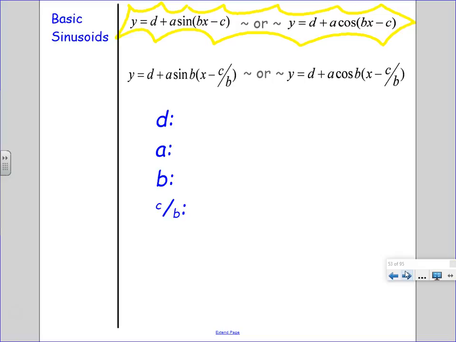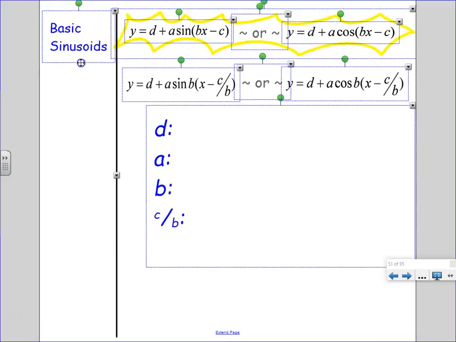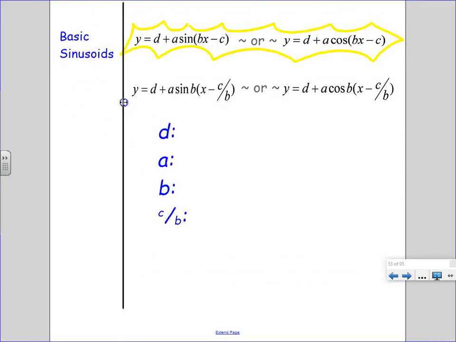And all I'm doing, guys, is showing, let me bring it down. All I'm doing is showing all the different transformations that can occur, okay? Do you guys see addition on the outside or subtraction on the inside? Multiplication on the outside, multiplication on the inside.